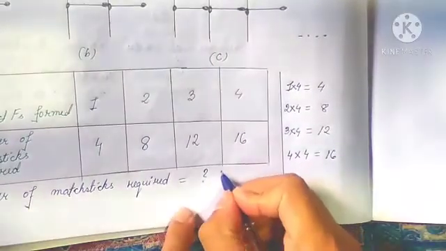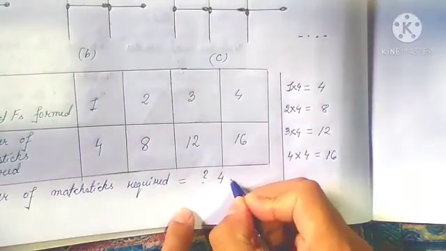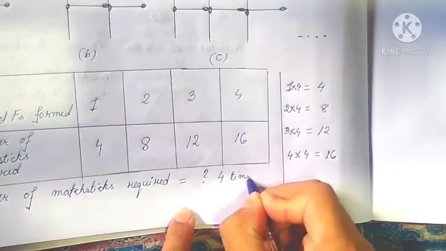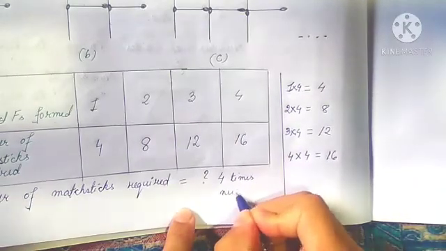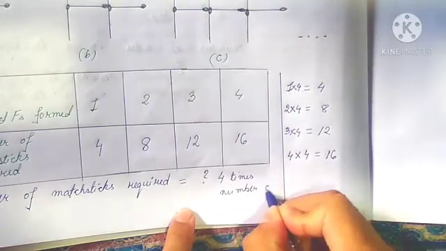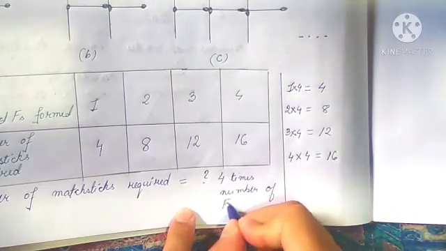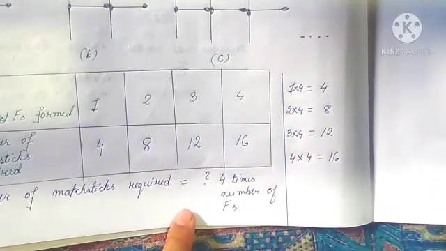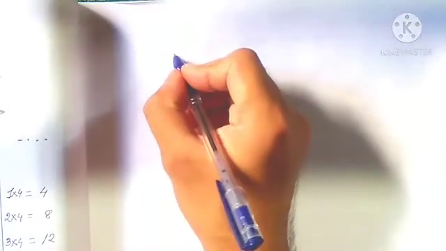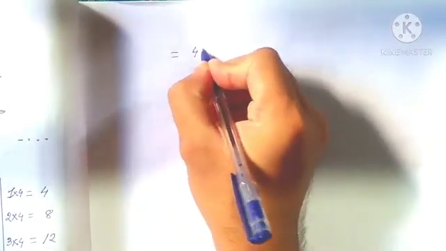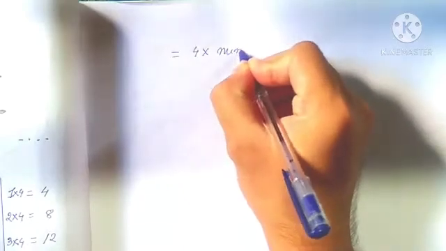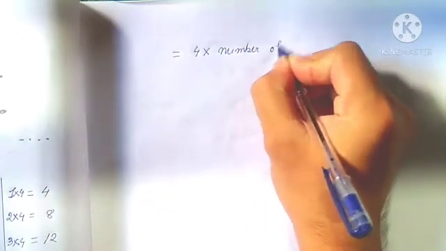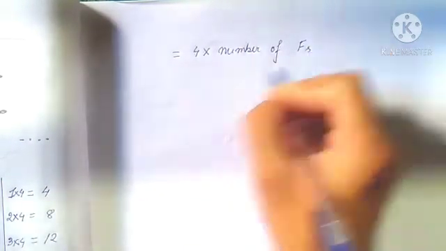Then we have to find the number of mastics required. This will be 4 times the number of F's, or simply we can write 4 into the number of F's.